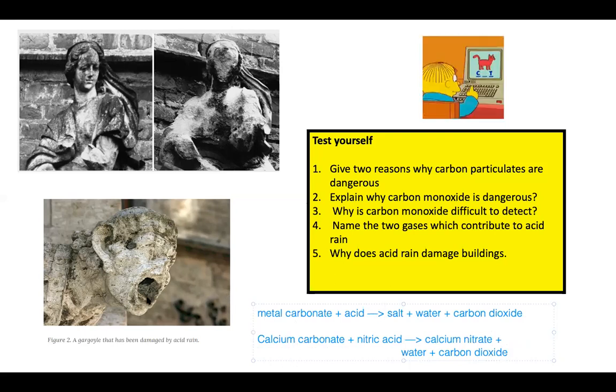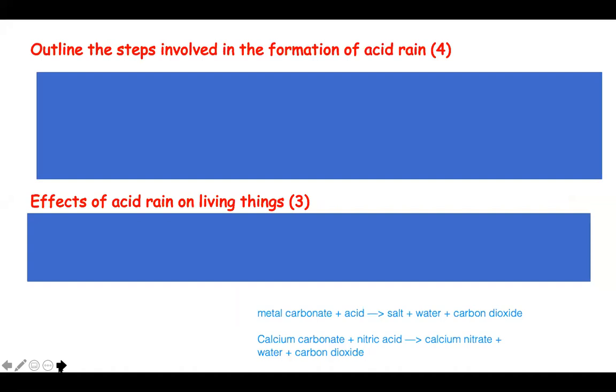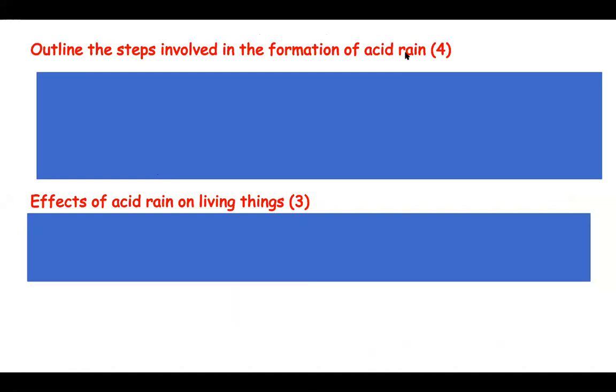Either way, the calcium carbonate, which is the limestone, is destroyed. Okay. So can you summarize the steps here? Test yourself, see what you can remember without looking. Pause your video.